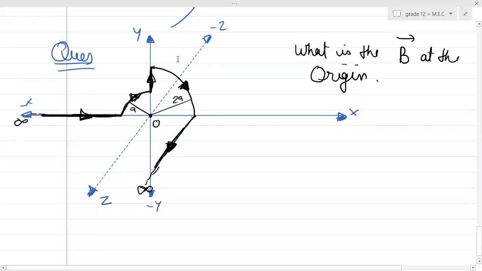Can you see this point is at the center of this quarter circle? Finite wire axis. So basically this question can be broken into 5 different parts: 1, 2, 3, 4, and 5. Their direction can be calculated individually and hence added vectorially. Try once, and if it doesn't work out, I'll tell you.